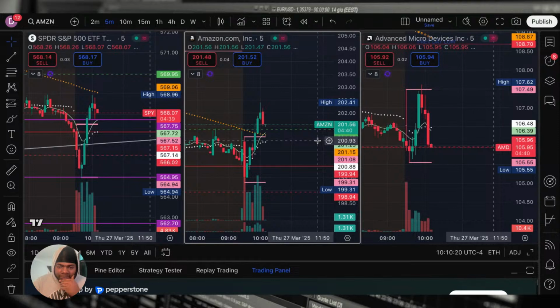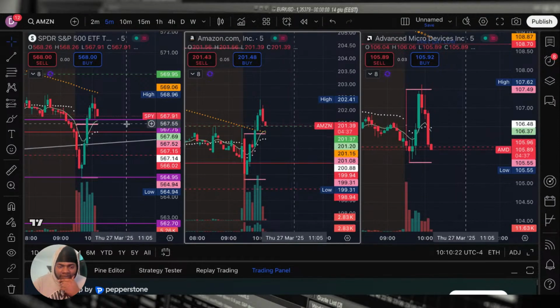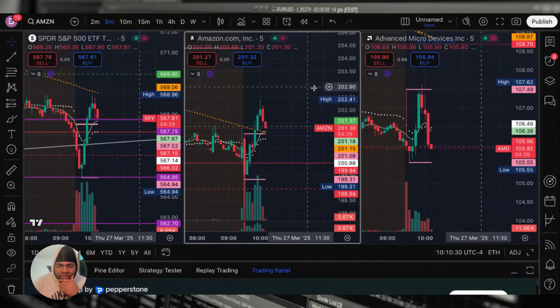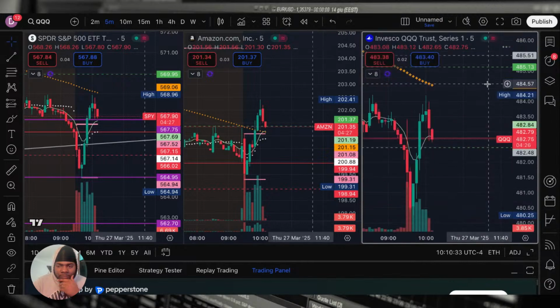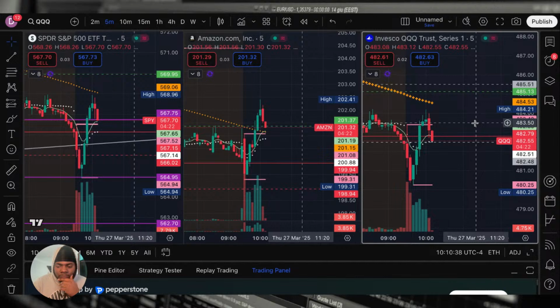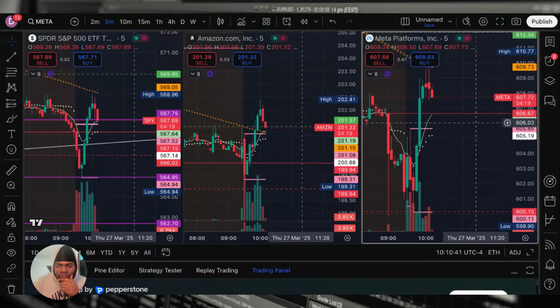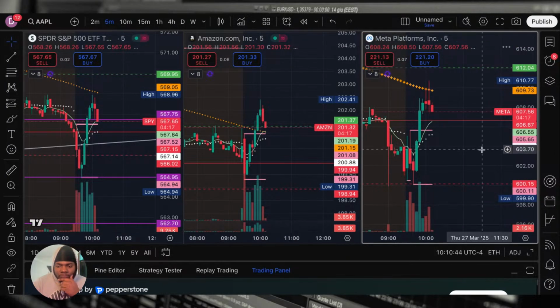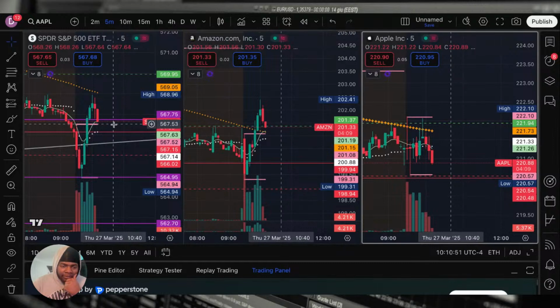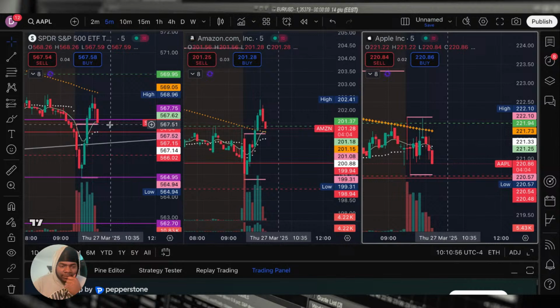Amazon does have a little break and retest setting up if SPY can keep the trend, but SPY is still pulling back right now. See how far it pulls back. We wanted to stay above ORB right here. If it's going to pull back, we want it to stay above ORB right here.